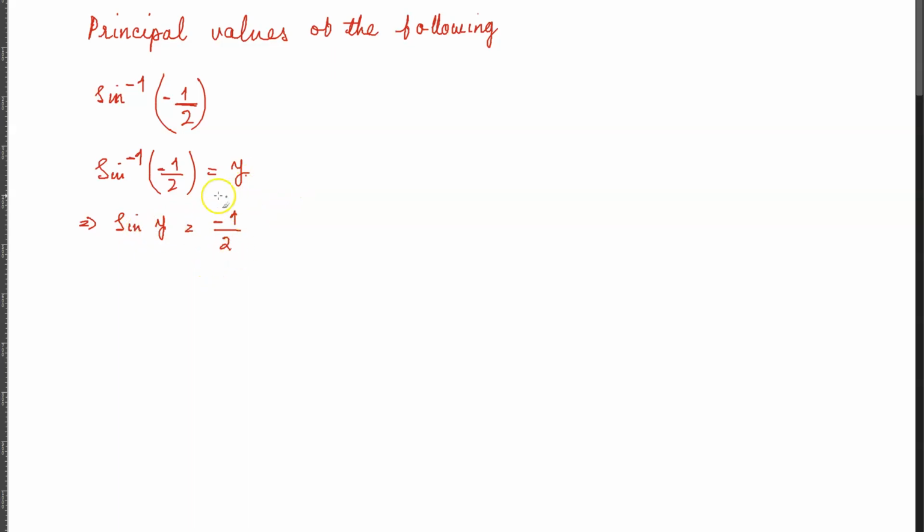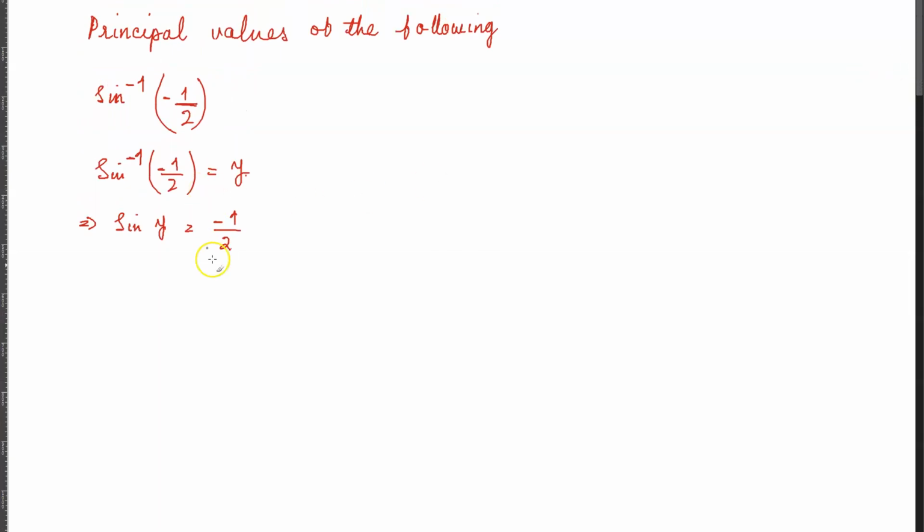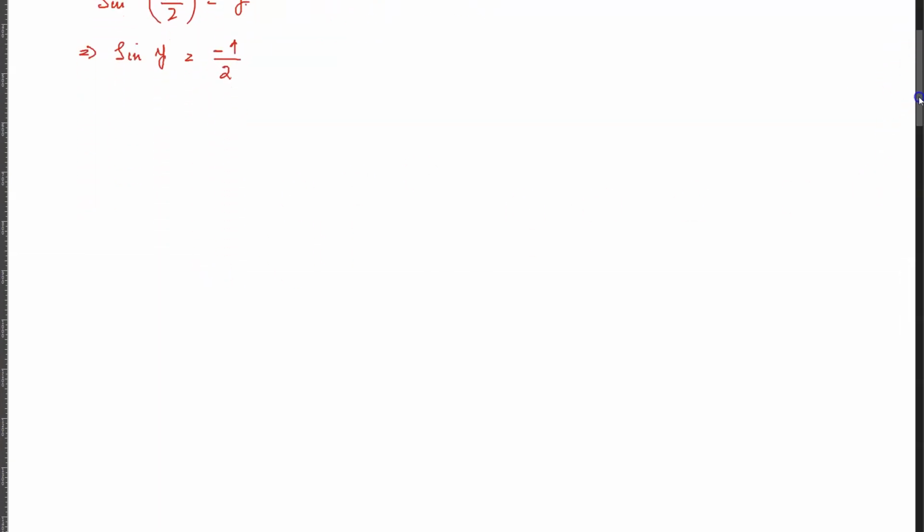Now, the angles that we know, basically the angles that we are familiar with, if you need a recap of those angles and the trigonometric ratios of some specific angles, then we can basically create a table here. So over here you have 30, 60.